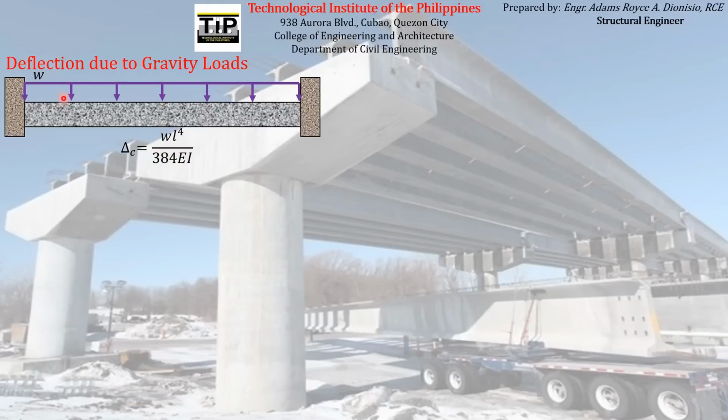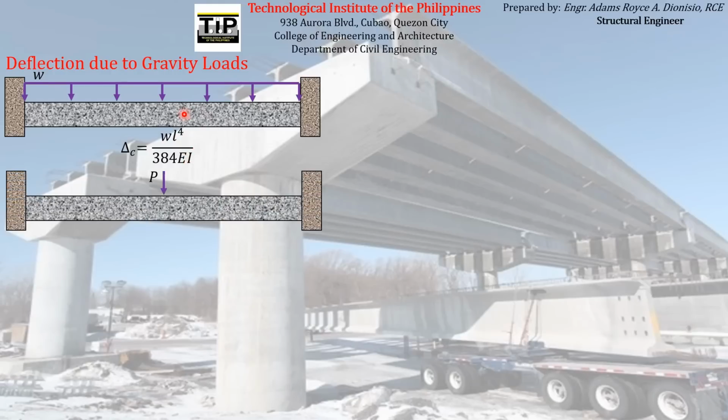The magnitude of the uniformly distributed load and the fourth power of the whole span divided by 384 times the modulus of elasticity of the beam times the moment of inertia of the beam. If the fully restrained beam supports a single concentrated load acting at midspan, the deflection at midspan is equal to this formula: magnitude of the concentrated force times cube of the length divided by 192 EI.